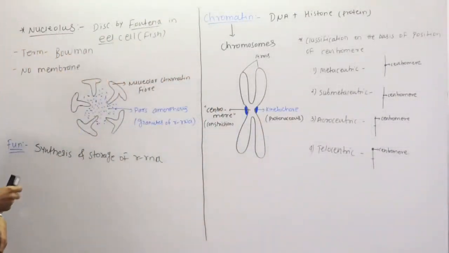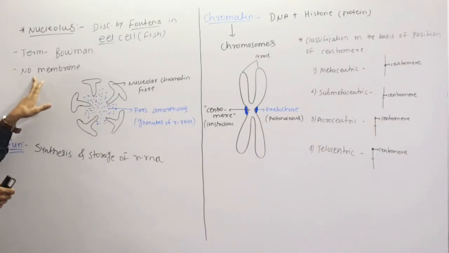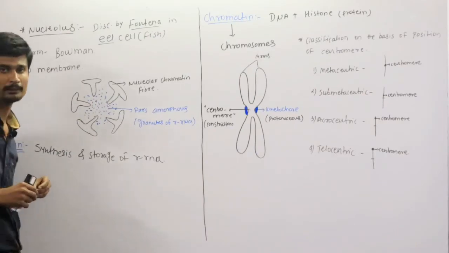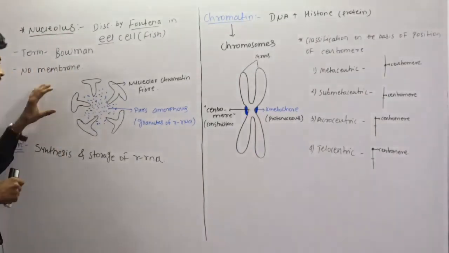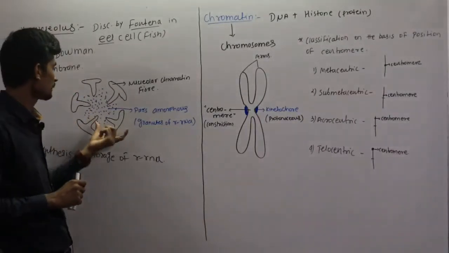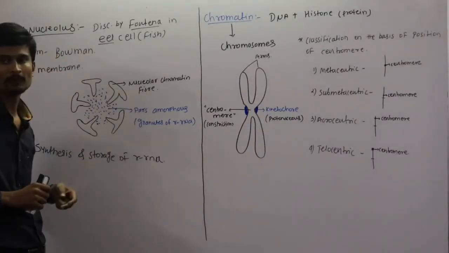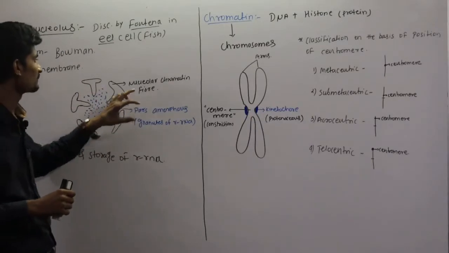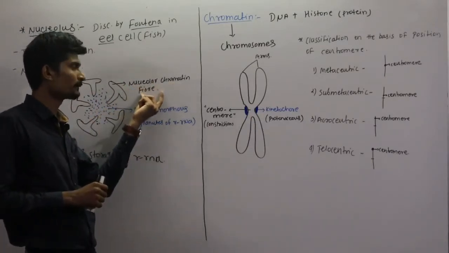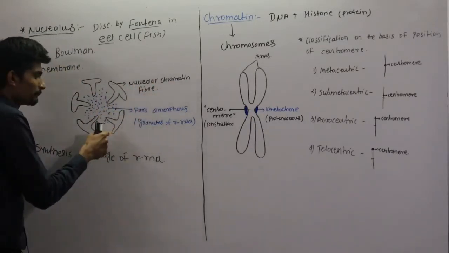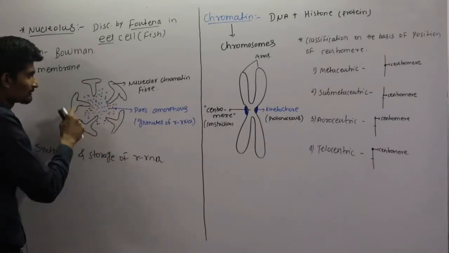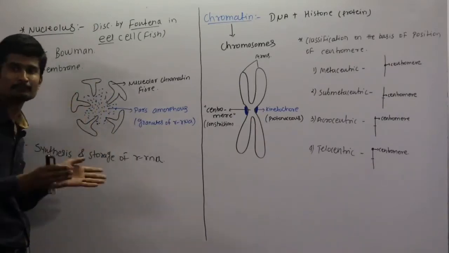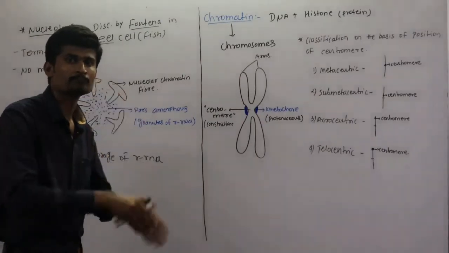This is a non-membrane-bound structure, means there is no membrane. The structure actually looks like this: there are two parts in the nucleolus, the nucleolar chromatin fiber, which is not actually a membrane. It looks like a membrane, but it is not a cell membrane or plasma membrane.